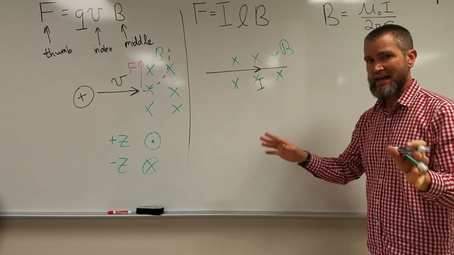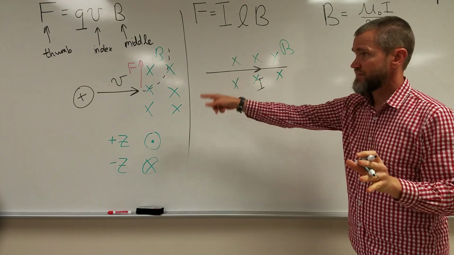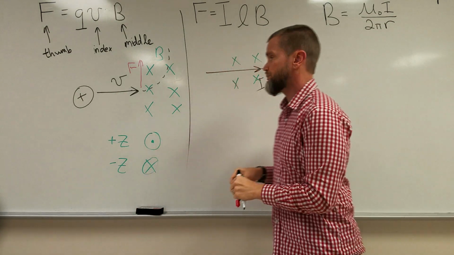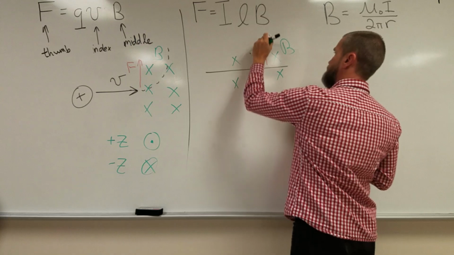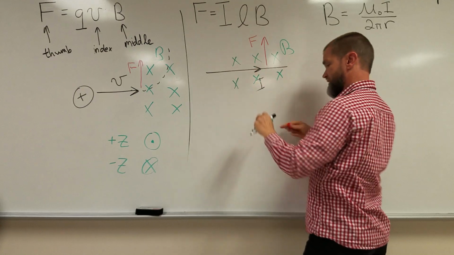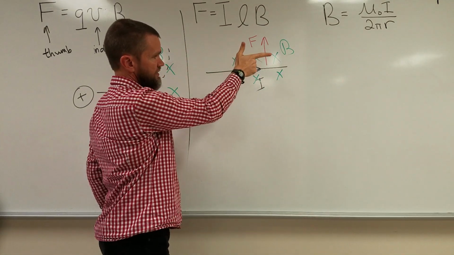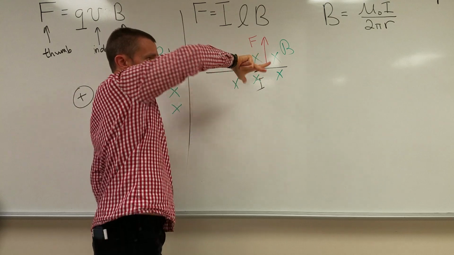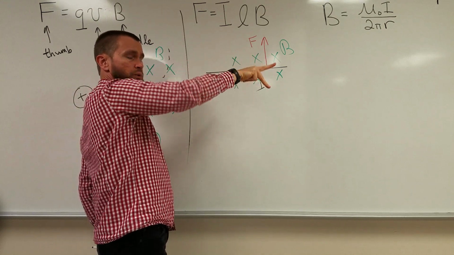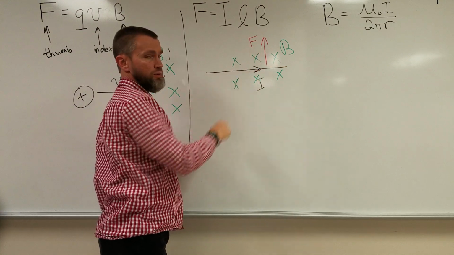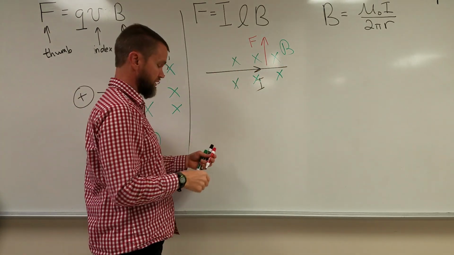This one is exactly the same as the first application. In fact, this problem has the same answer as that problem: my force is going to be acting upwards. Let me show you. Finger in the direction of I, magnetic field goes into the page, so I orient my hand in this direction, and my thumb gives the direction of the force, which is upward.